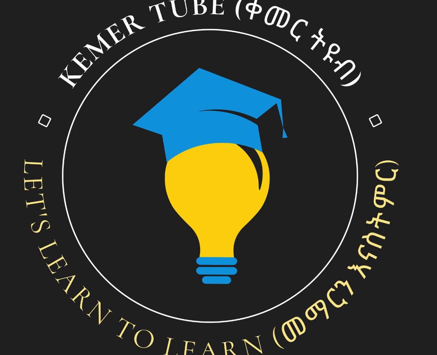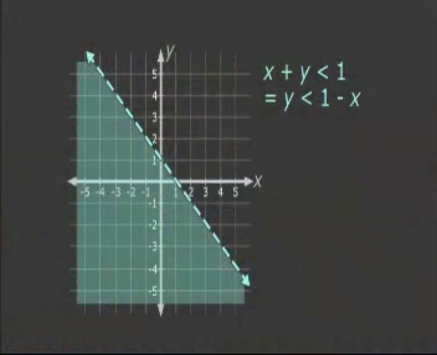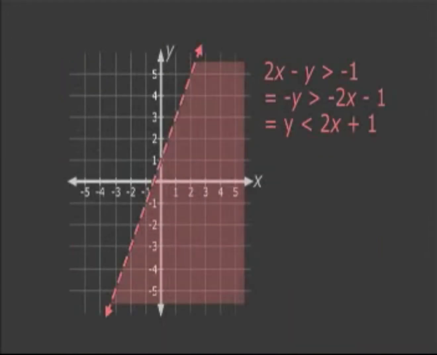Let us graph each linear inequality in turn. This is the graph of y is less than 1 minus x. This is the graph of y is less than 2x plus 1.